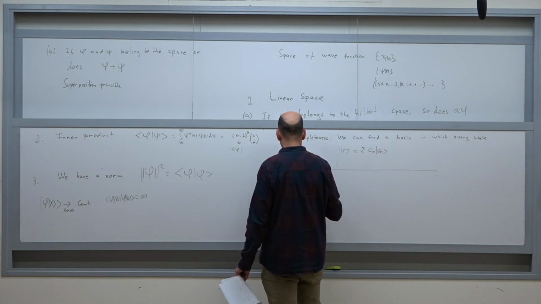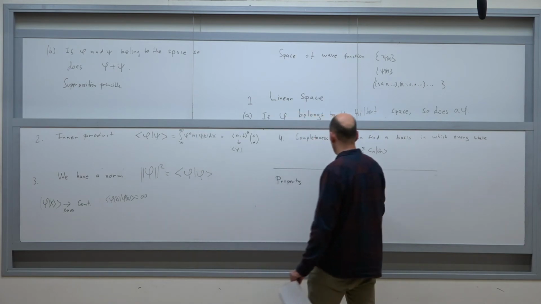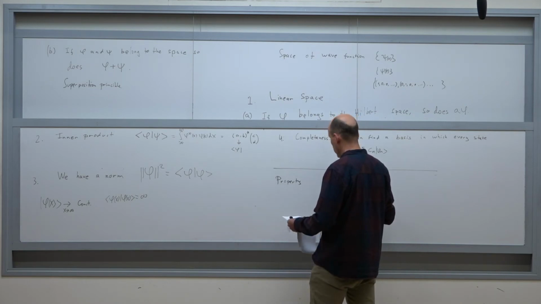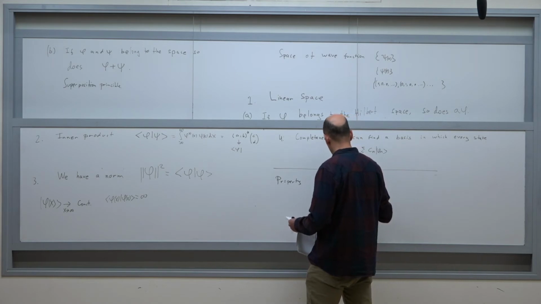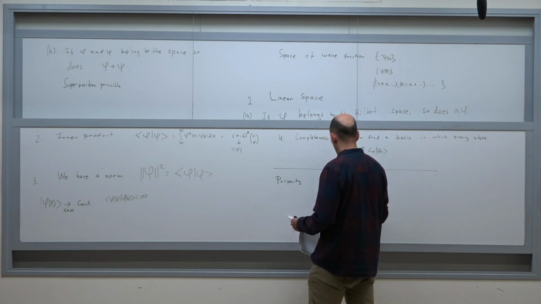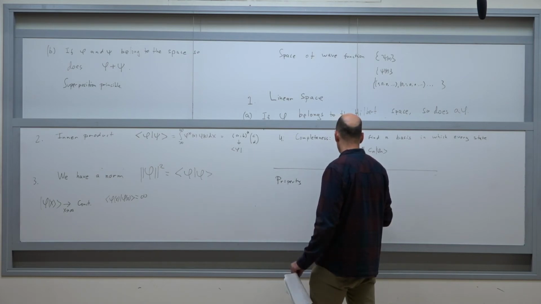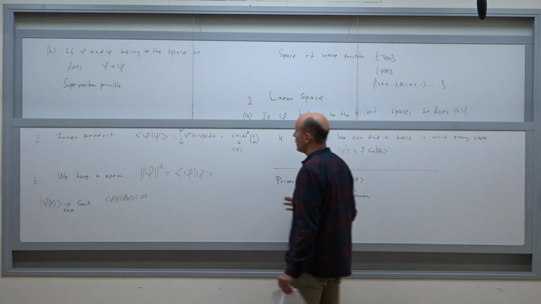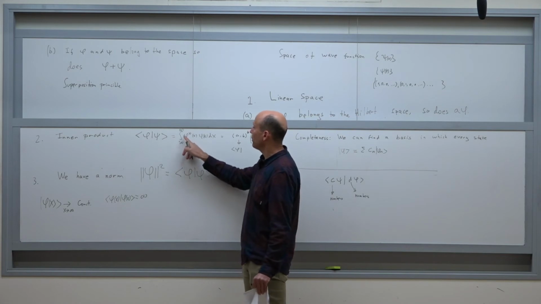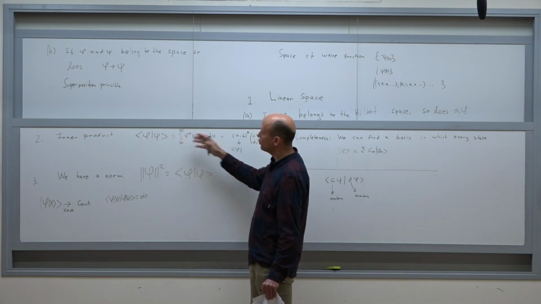From here I know, for example, that if I have C phi times D psi, where C and D are some numbers, and these numbers can be complex, then first of all, I'm allowed to multiply.